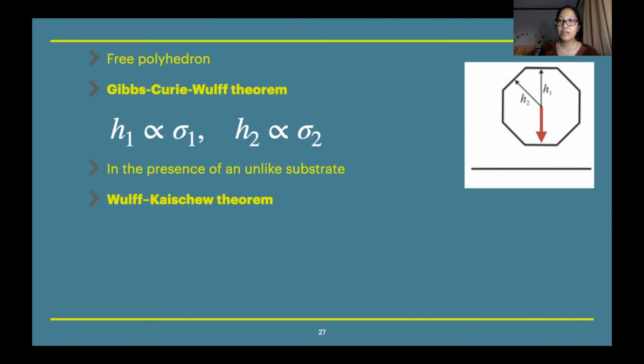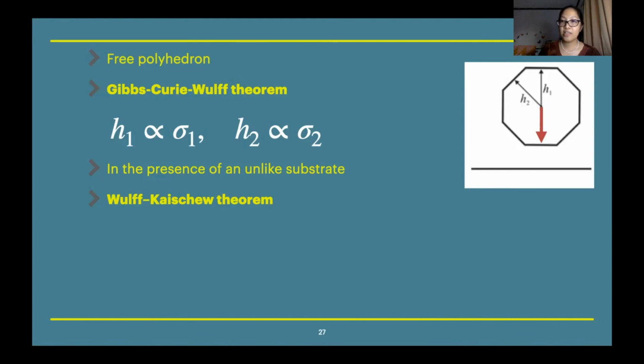Answer is they will remain proportional to the specific surface energy. Okay, so understand that the equilibrium shape has free surfaces and has a surface that is in contact with a substrate. For the free surfaces, the distance from the Wulff's point will always be proportional to the specific surface energy.